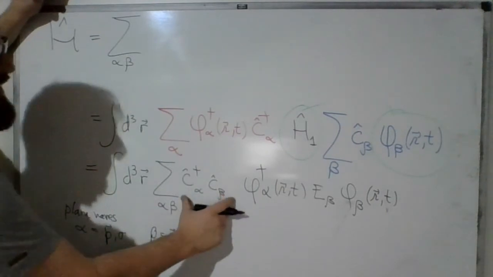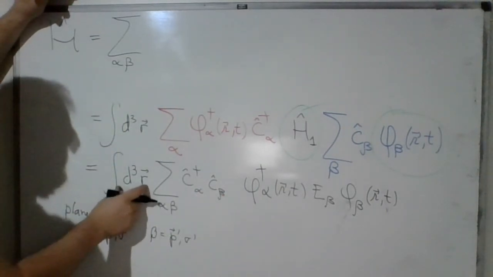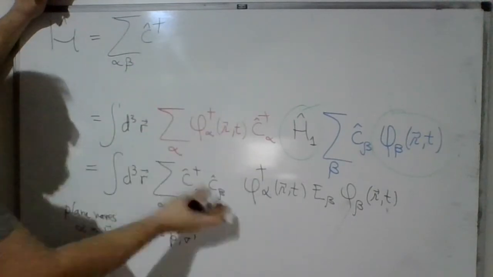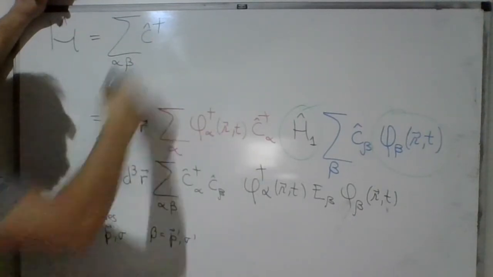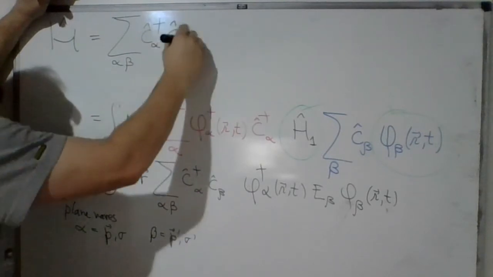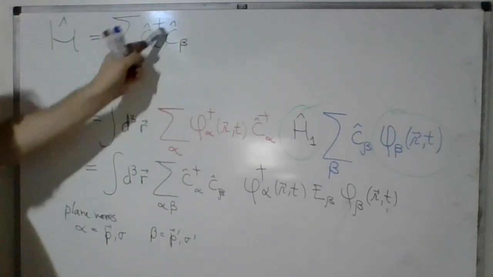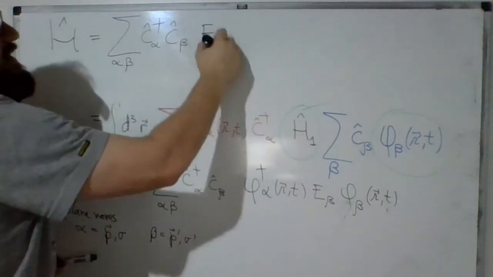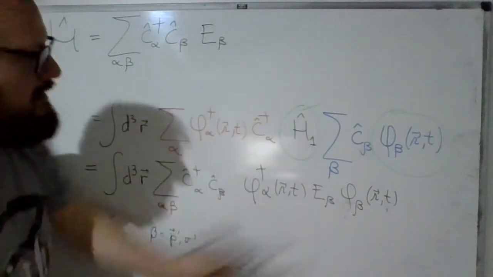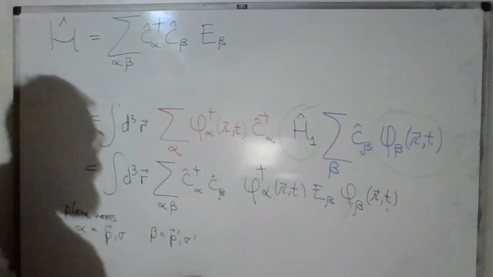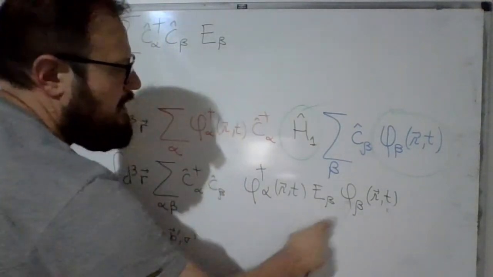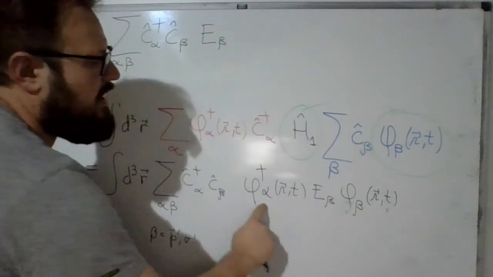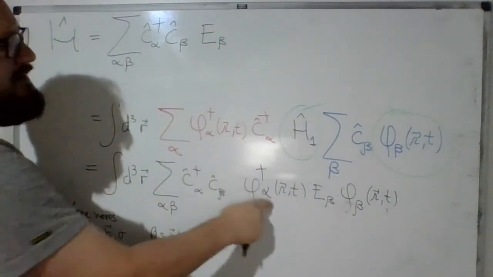So this is not dependent on the variables of integration. I can pull them out of the integral. So C alpha dagger C beta, and the energy is just a number depending on beta, and the only position dependent aspects are carried by these functions phi alpha dagger, phi beta.